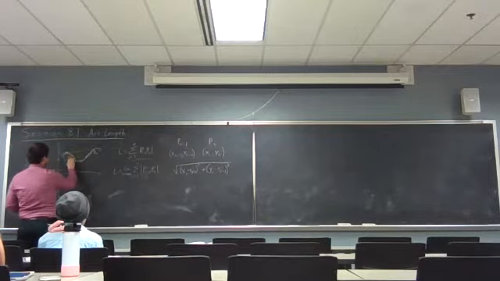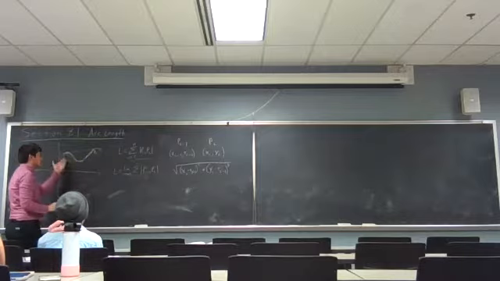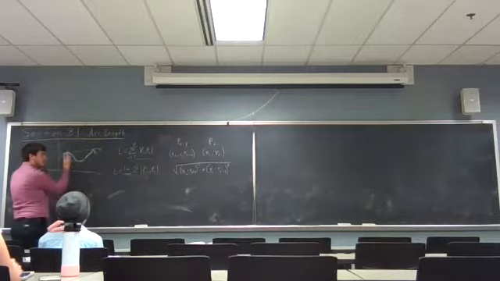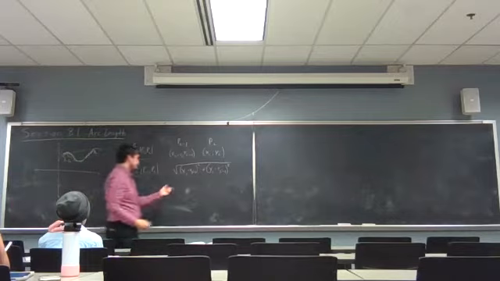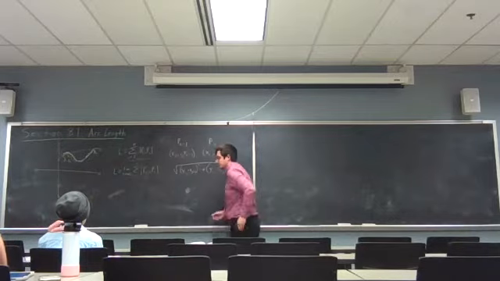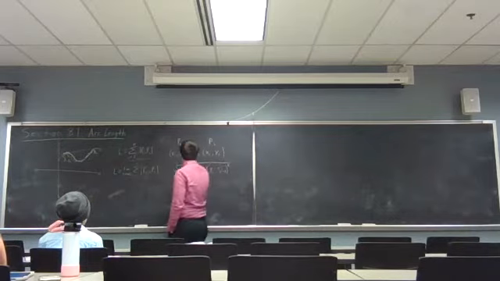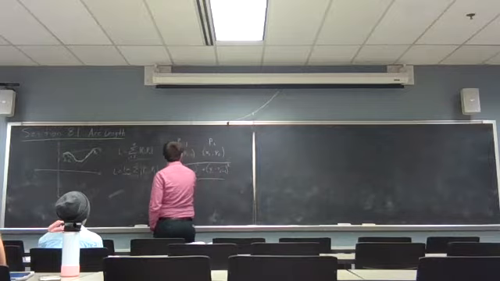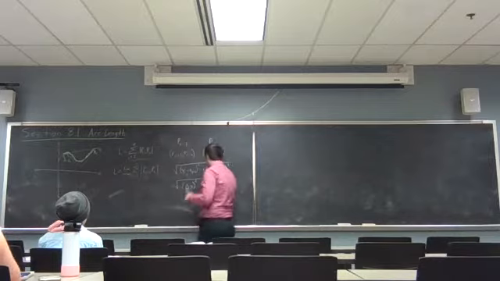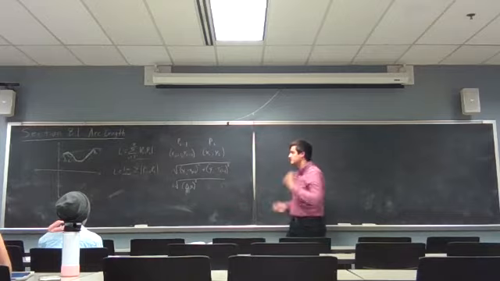And the distance from P1 to P2, I want that to be the same delta x. P2 to P3, delta x. I want them all to be the same length. And so what that means for us is that this x_i minus x_{i-1}, I can just write as delta x squared. Because that's just the difference between the 2 x's.